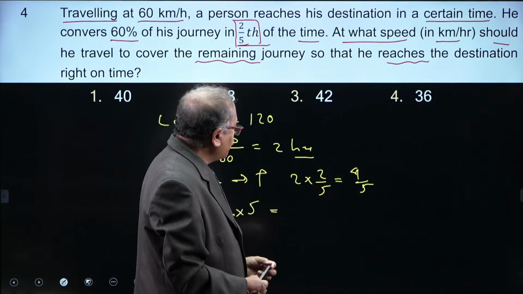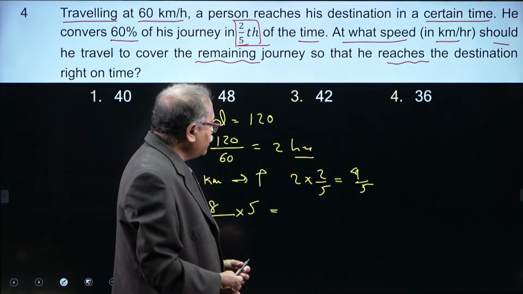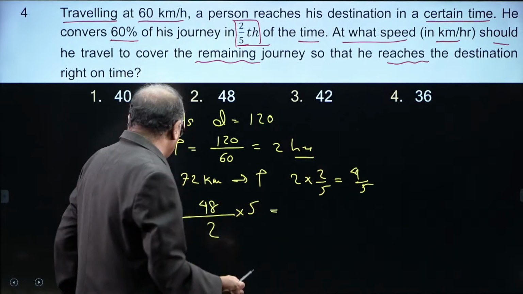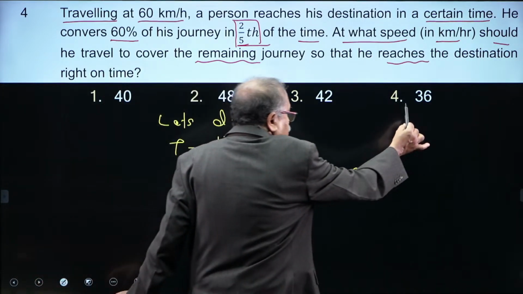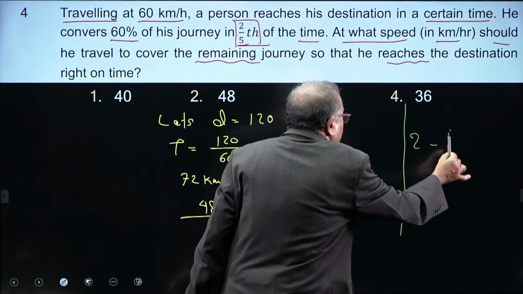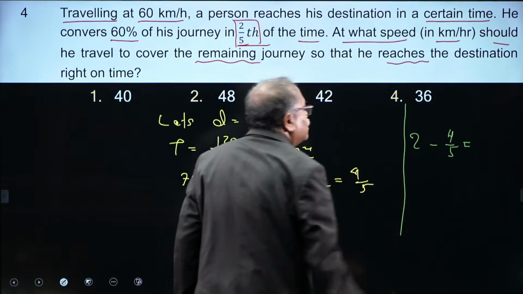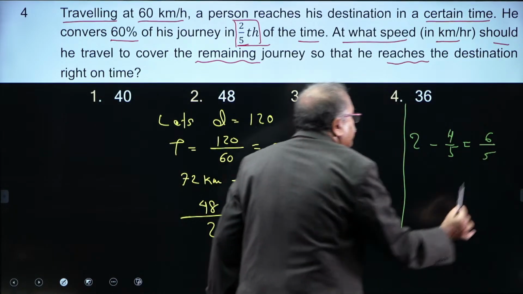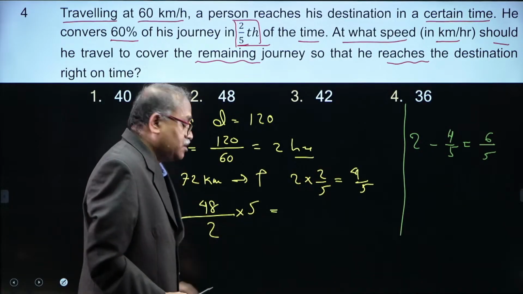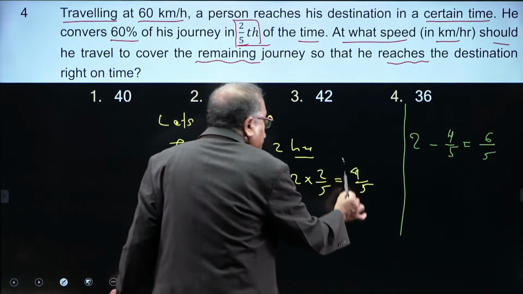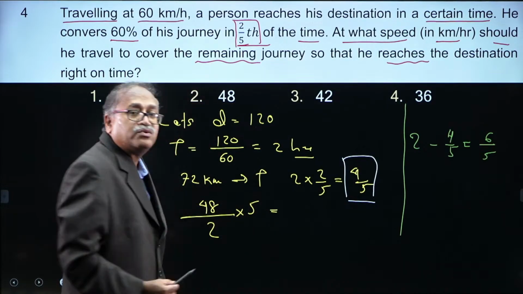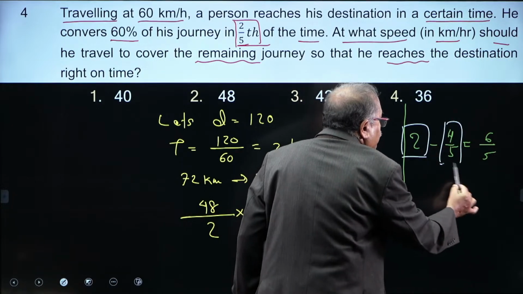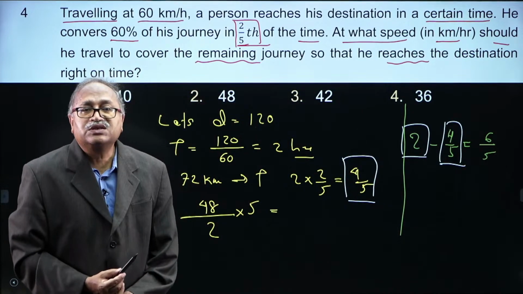Now total 2 hours minus 4 by 5, and you will be left with 6 by 5. So, the leftover time is 6 by 5 hours.